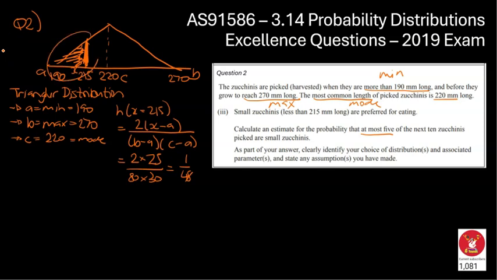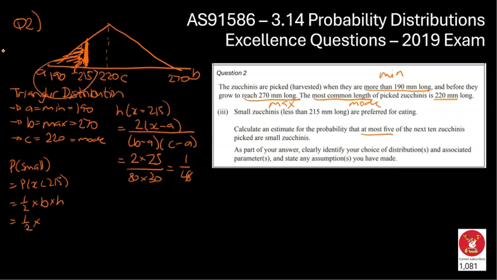So I now need to think about the actual probability, which is what I'm using the triangular distribution for. So the probability that we're having a small zucchini is equal to the probability that x, being the length, is less than 215. And because it's a triangle, that's just going to be 1/2 times base times height. So the 1/2 part isn't going to change.